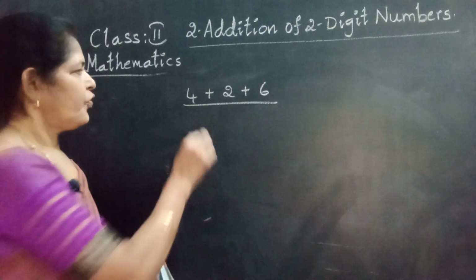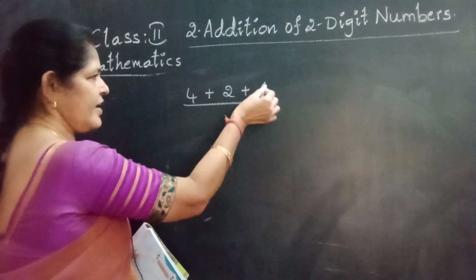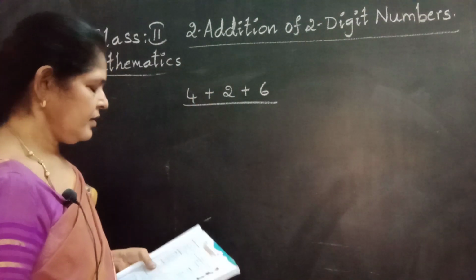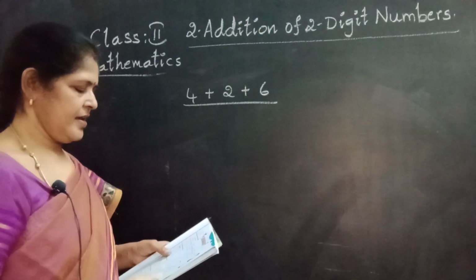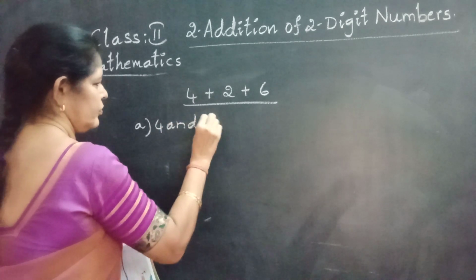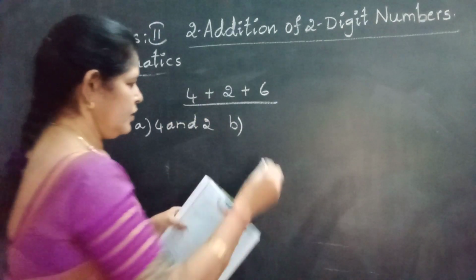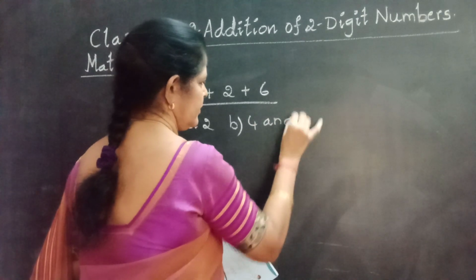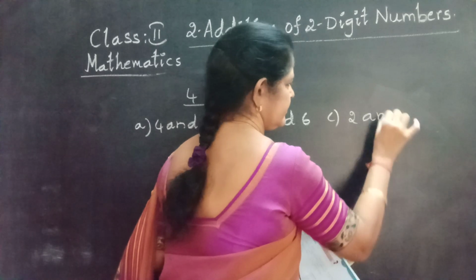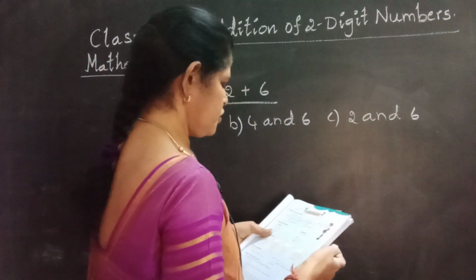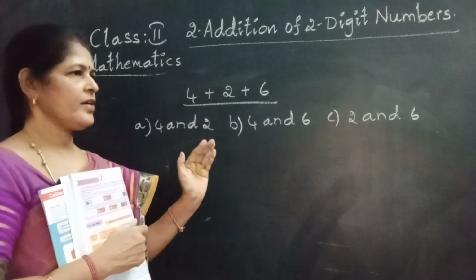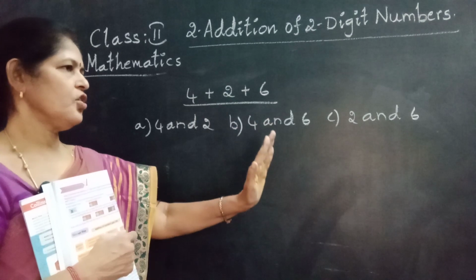Come on, tell me. 4 and 2? 2 and 6? 6 and 4? The options are given: A, 4 and 2. B, 4 and 6. C, 2 and 6. Only A, B, C are given.